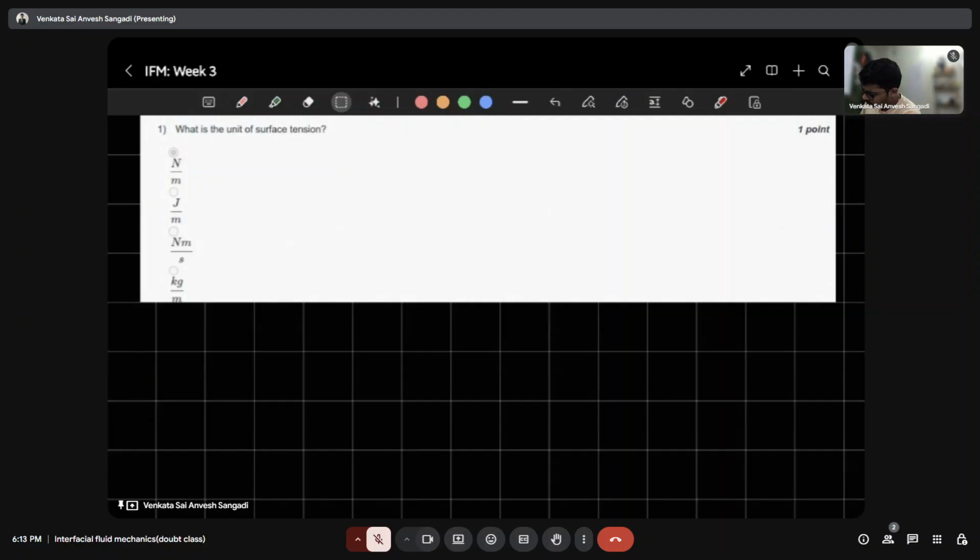So if I have a surface, then the surface tension tends to act only on the surface.